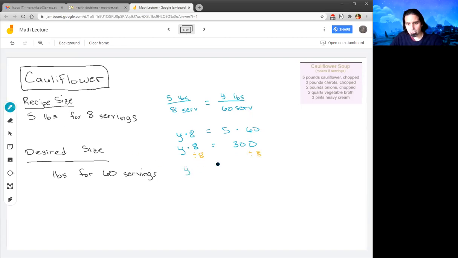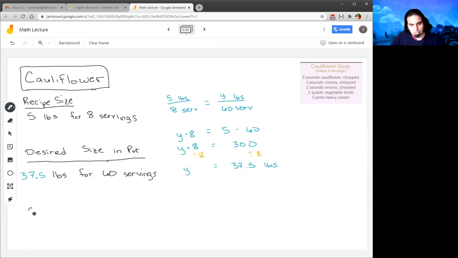And your calculator will say we need 37.5 pounds. Now that desired size is what we're going to put in our pot.